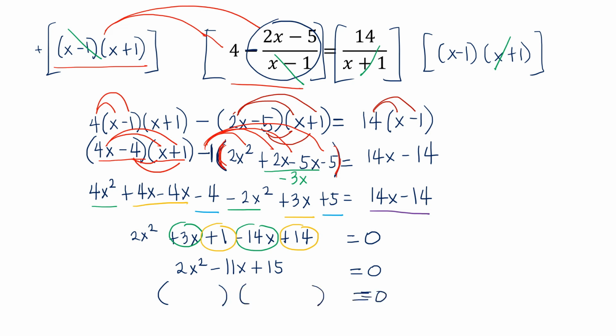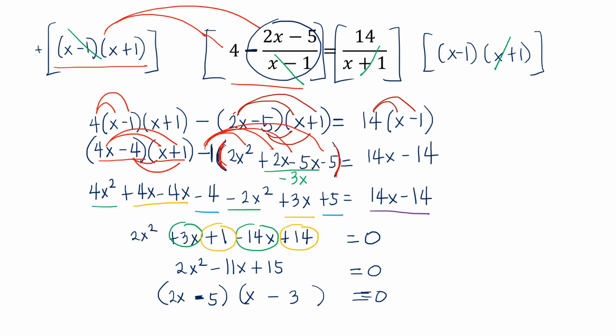So just like what we did in the previous example, it is trial and error. So factors of 2x squared are 2x and x. Factors of positive 15 are negative 5 and negative 3. Okay? 5 and 3 are factors of 15. And then how did we come up with the negative signs?